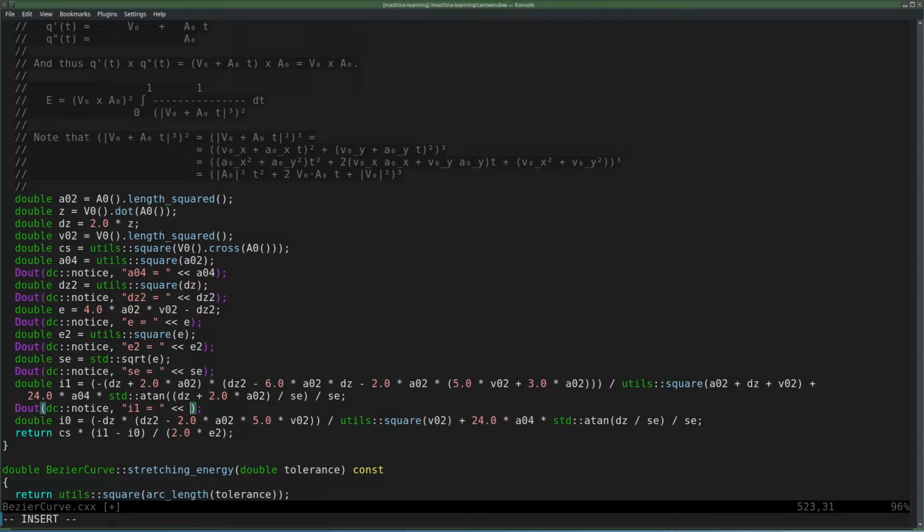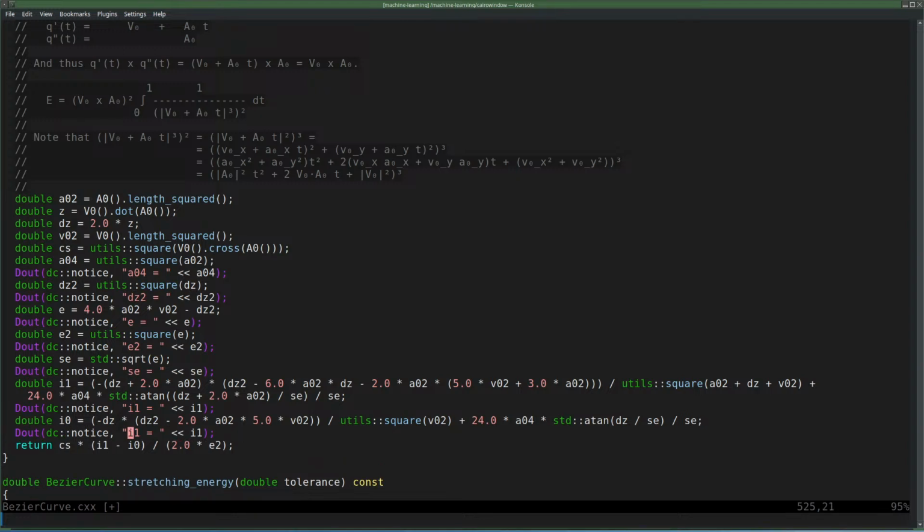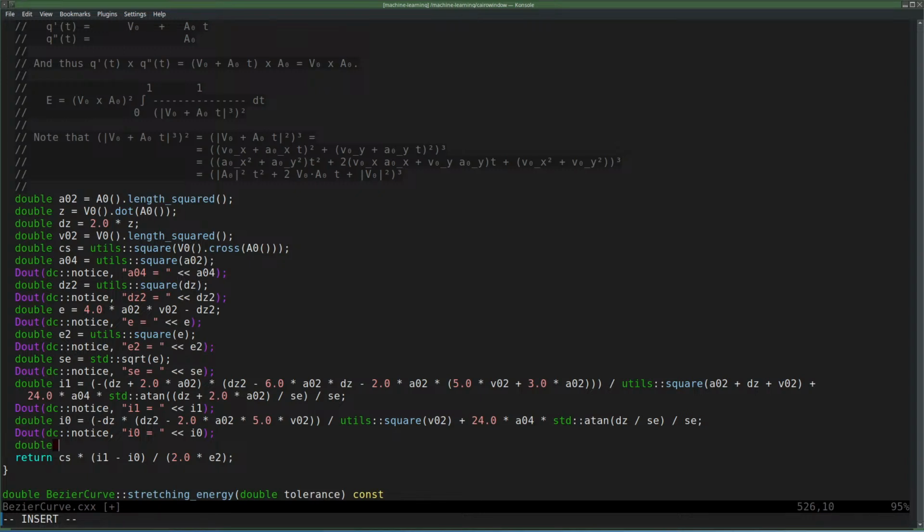I was just thinking I should start a discussion about why programmers are paid so much. But then I started doing something that actually made sense. Printing I1 and I0. And then shall I print the result as well? Oh well, result. Results. Yeah, everything.